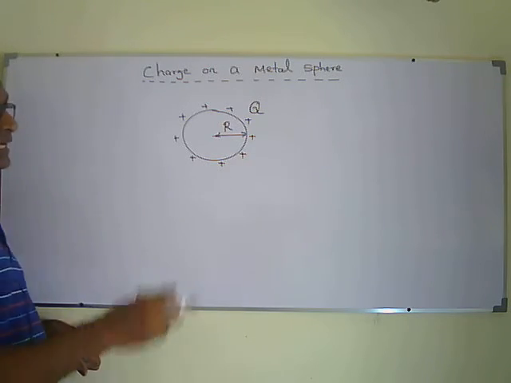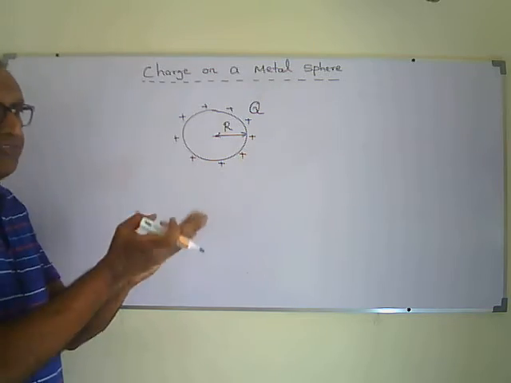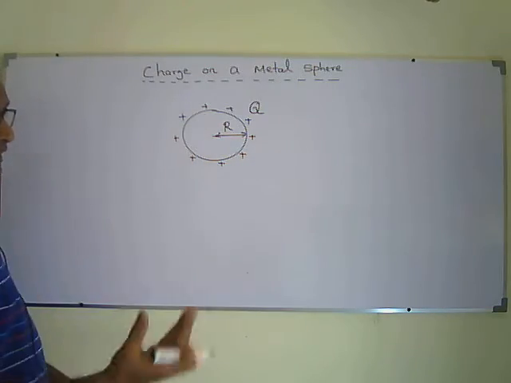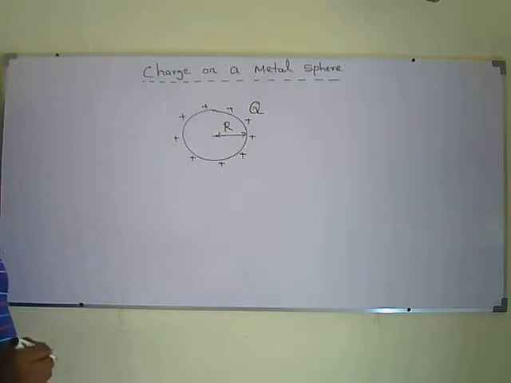But actually that is not the case. The charges are distributed on the surface, uniformly and equally. But we assume the charge Q is concentrated at the center of the sphere.